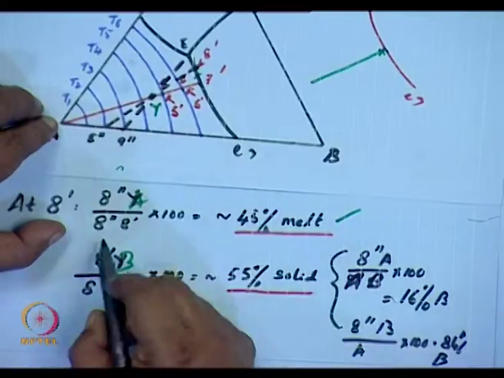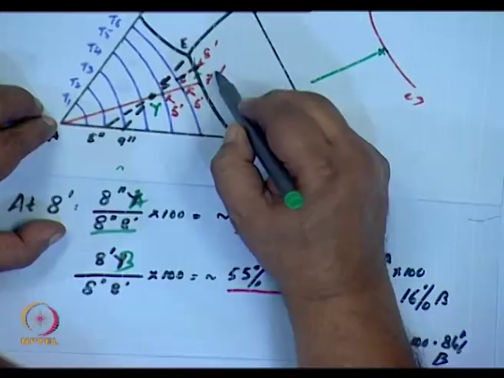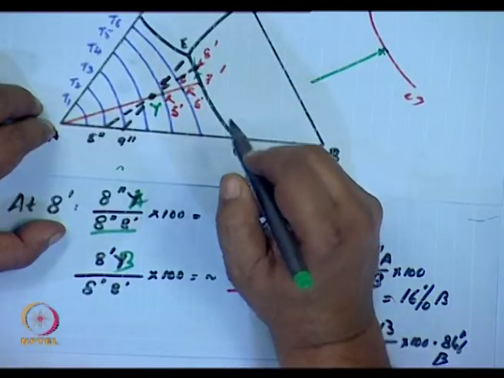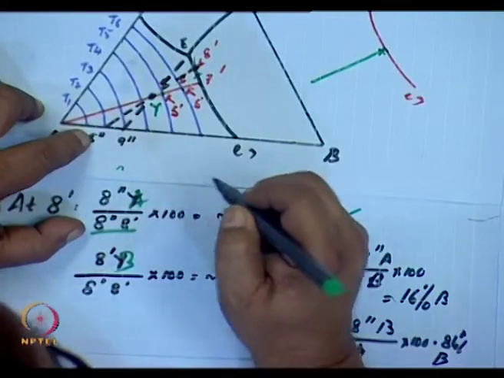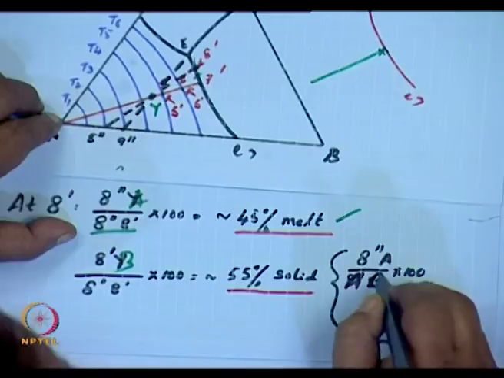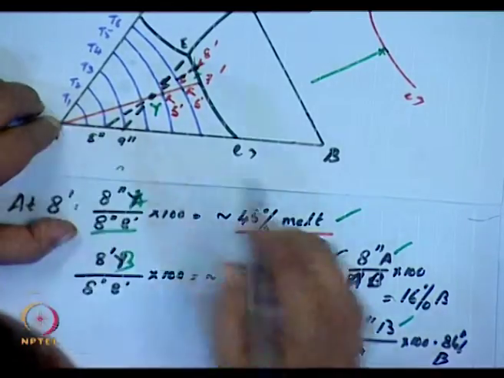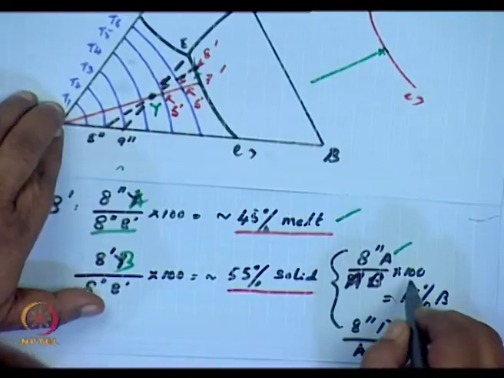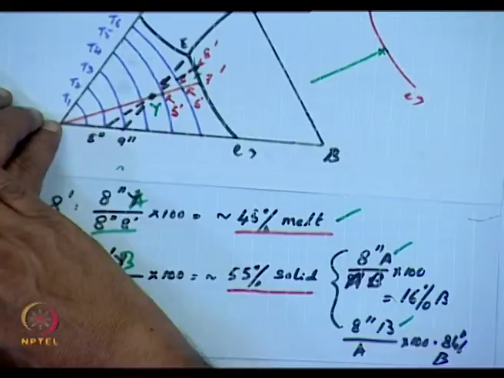This whole length 8 double dash 8 dash is this whole length, and over here if I draw this 8 double dash A and 8 double dash B. 8 double dash A is proportional to the amount of B because they are opposite. Lever rule says they are opposite.